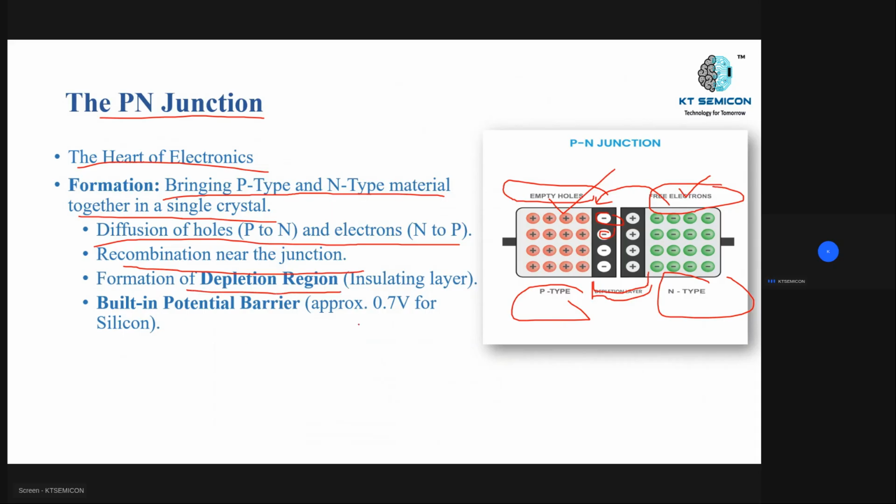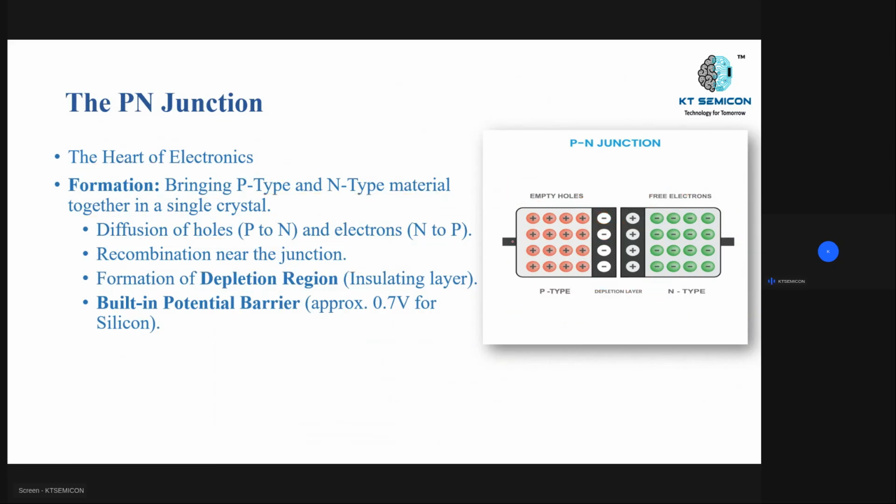When we apply voltage at the p-type and n-type terminals, depending on this voltage it starts working, right? When we apply a positive voltage to this terminal, what happens? The p-type has holes, and holes mean positive charge.